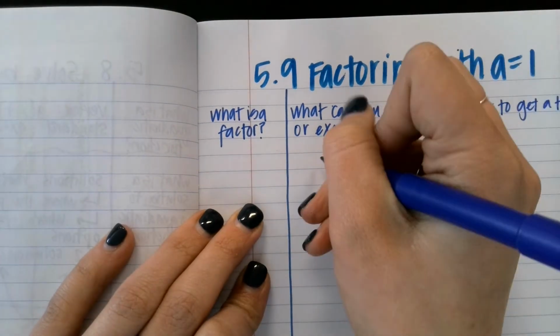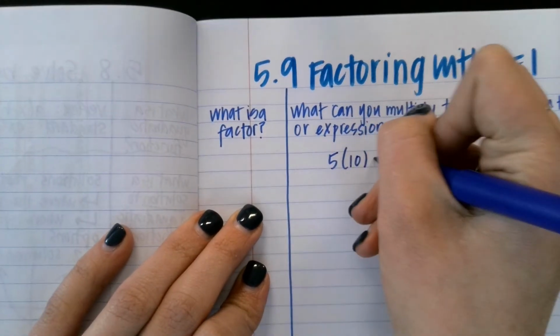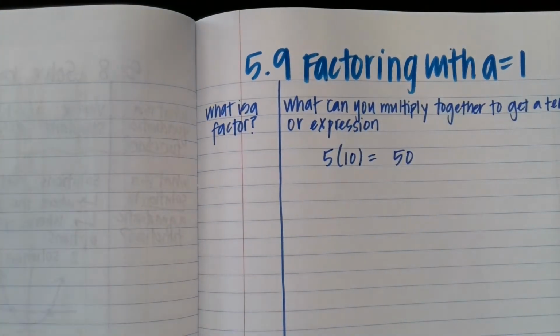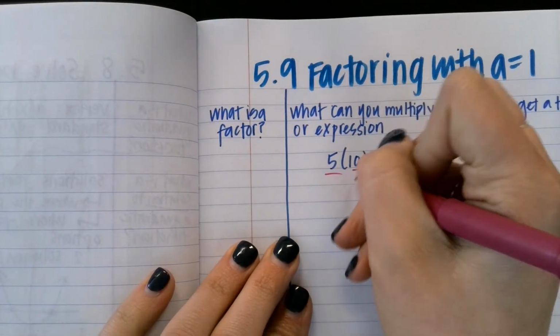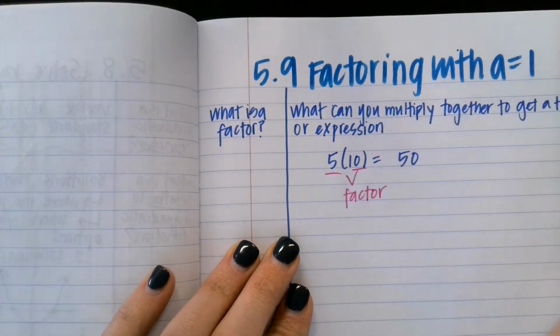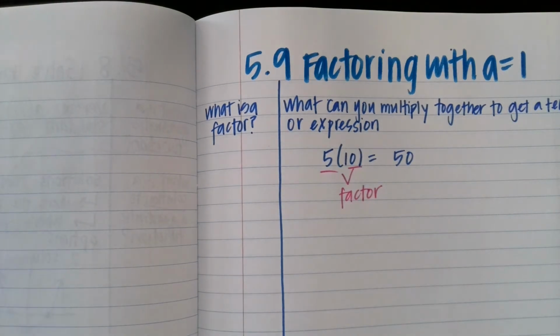For example, 5 times 10 equals 50. So the two factors of 50 are 5 and 10. 5 and 10 multiply together to equal 50.